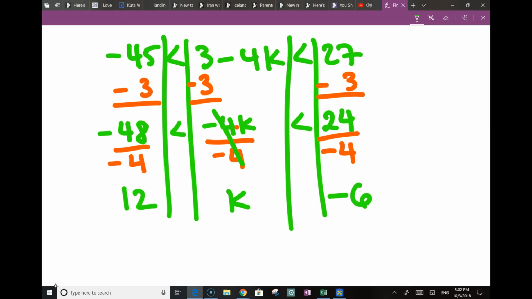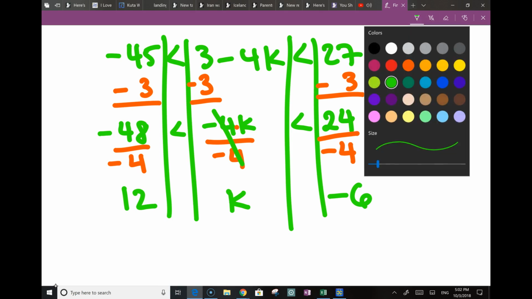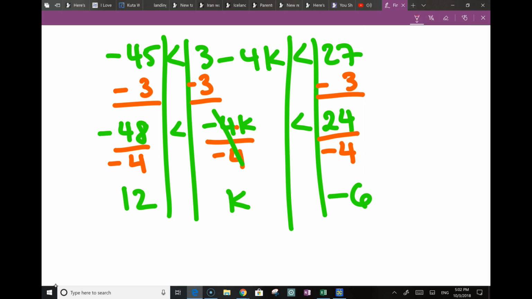Whenever you use the division or multiplication properties with negative numbers, the inequalities change their direction. So this was less, but it's going to become greater because I divided both sides by -4. Likewise over here, this was less, but it's going to become greater because I divided by -4 on both sides.